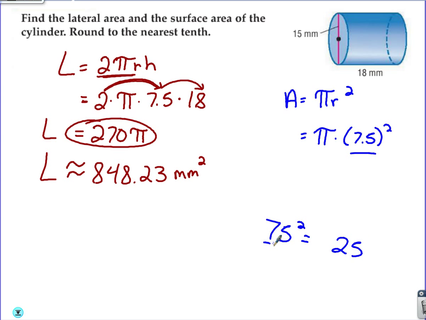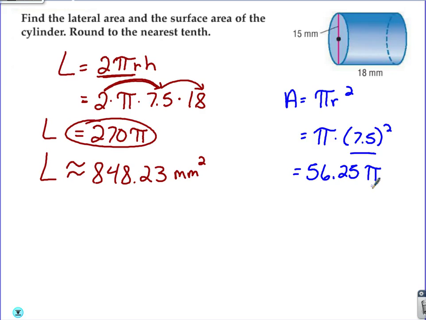You take 7 and 8, the next number up. 7 times 8 is 56, so 56.25 is the 75 squared. But we're doing 7.5 squared. 56.25 is what you should get. So you get as an exact answer 56.25 pi. That's the area of a base.